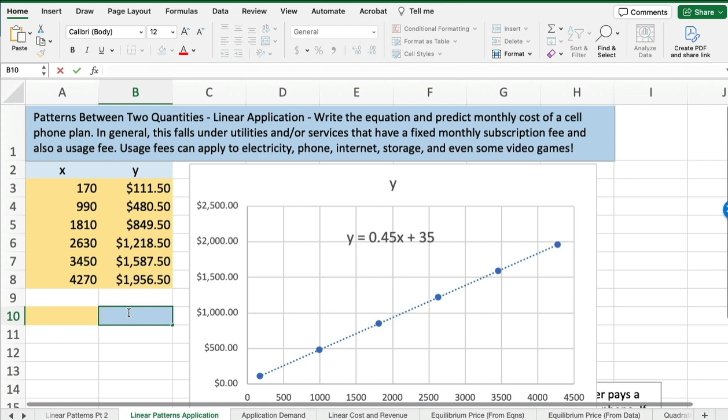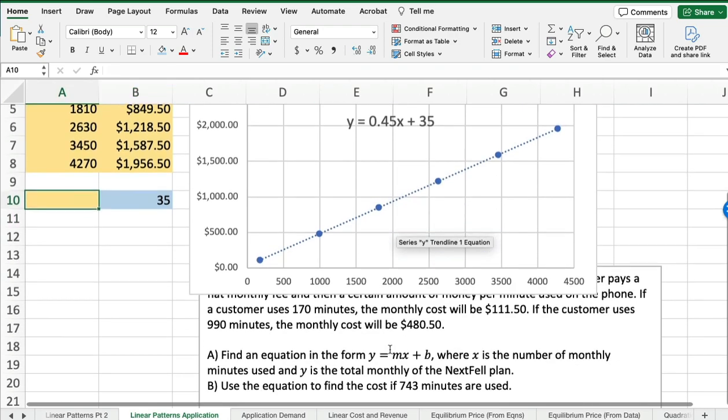So this is going to be equals 0.45 times whatever is in cell A10 plus 35. So I just copied those numbers directly from my trend line, and that's going to calculate the cost at any amount of minutes that I want to start with.